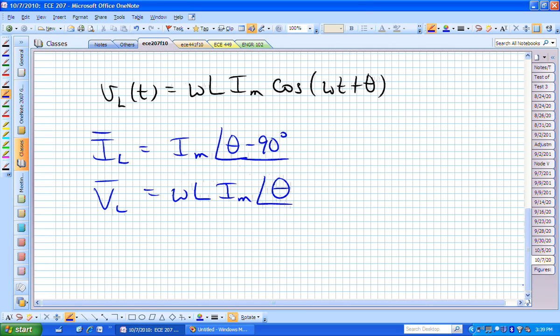If we are generalizing these concepts, meaning a resistor, we think of V is equal to Ri. If we generalize that to inductors and capacitors, we want to say, oh, V is equal to Z times I, where Z is this complex impedance. And we want to find this Z for different elements.